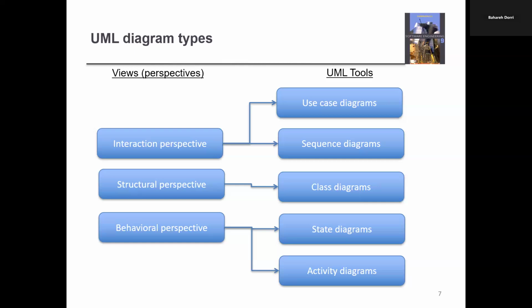So basically, for each perspective we take during system modeling, there are specific UML diagram types that help us describe and document the view clearly and accurately.